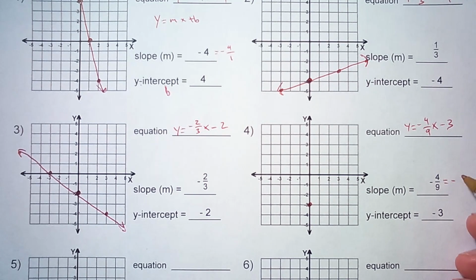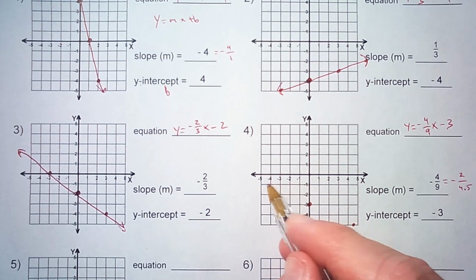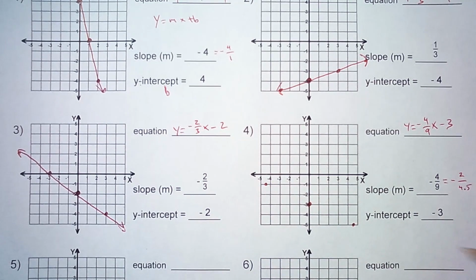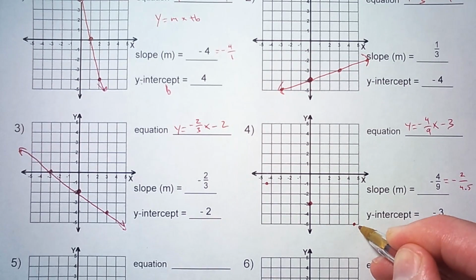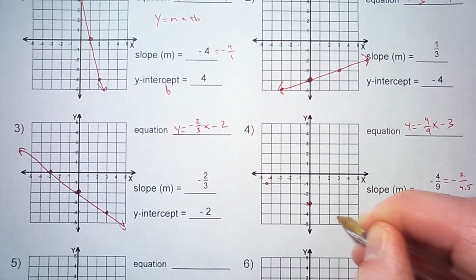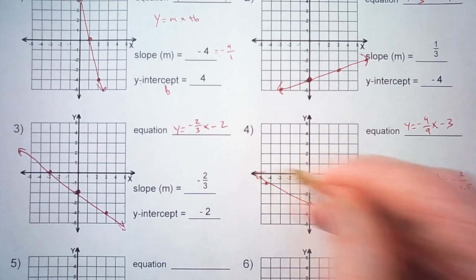So I could go -2 over 4.5, and I'll just approximate that 0.5 on the graph. So down 2 and right 1, 2, 3, 4.5, right about there. Then I could go up 2 and left 4.5, right there. And I connect those points, and there is my line.